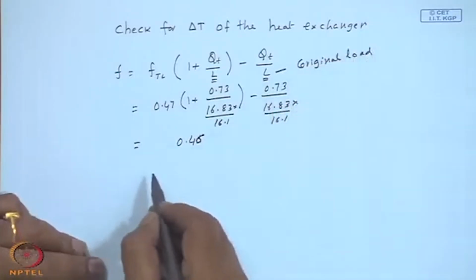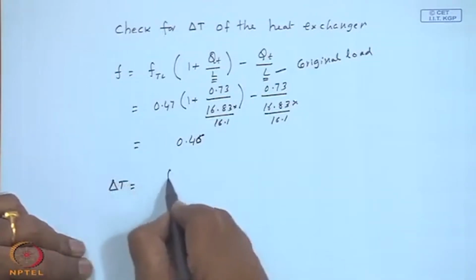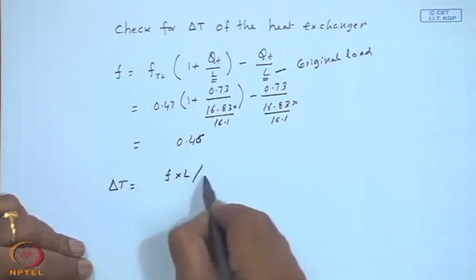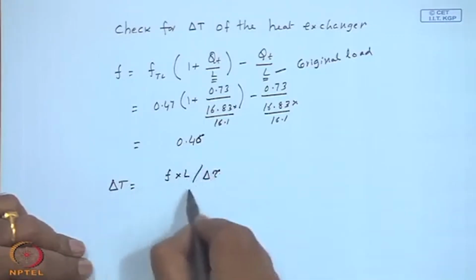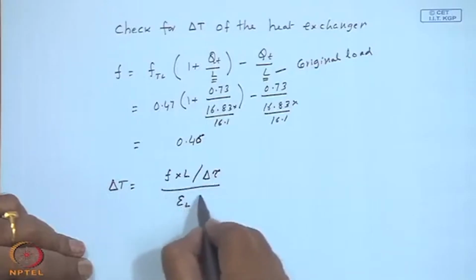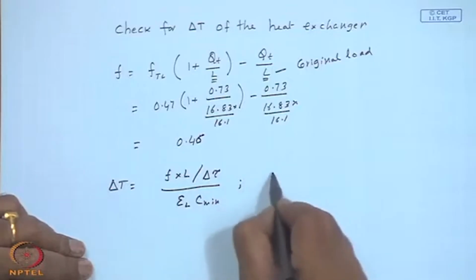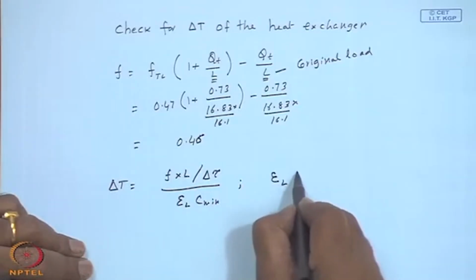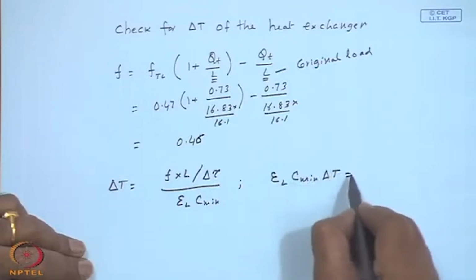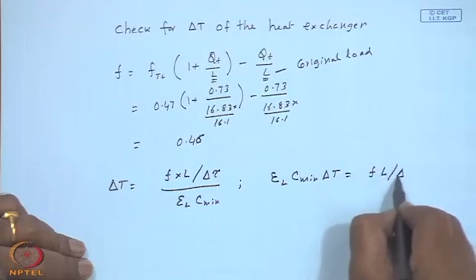So, delta T across the heat exchanger should be F into L, the amount of energy transferred in the time delta tau, by epsilon C minimum. And I said for your convenience epsilon L C minimum times delta T should be equal to the heat transferred, which in this case is F L by delta tau.